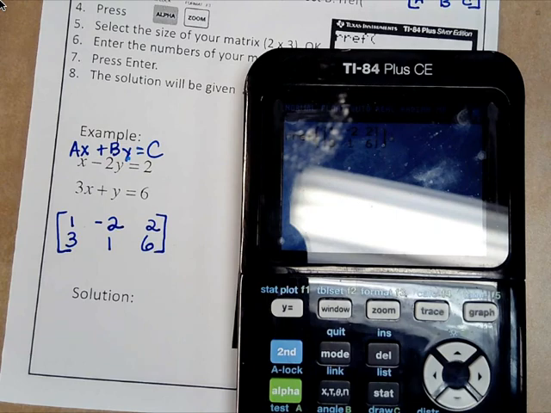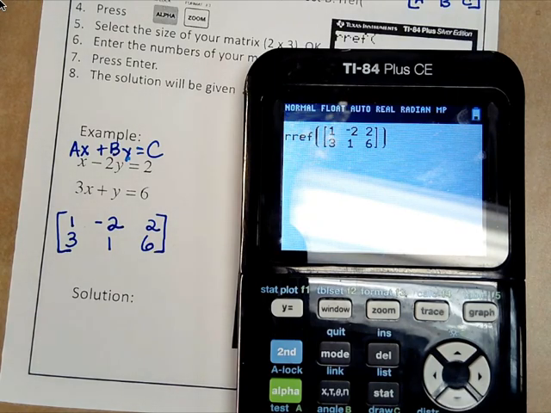How did y'all do? Did y'all get it? Did y'all get it for everybody? Okay. I think the trickiest part is switching it from a 2 by 2 to a 2 by 3. You have to arrow up, arrow over, select, then go down and hit OK.